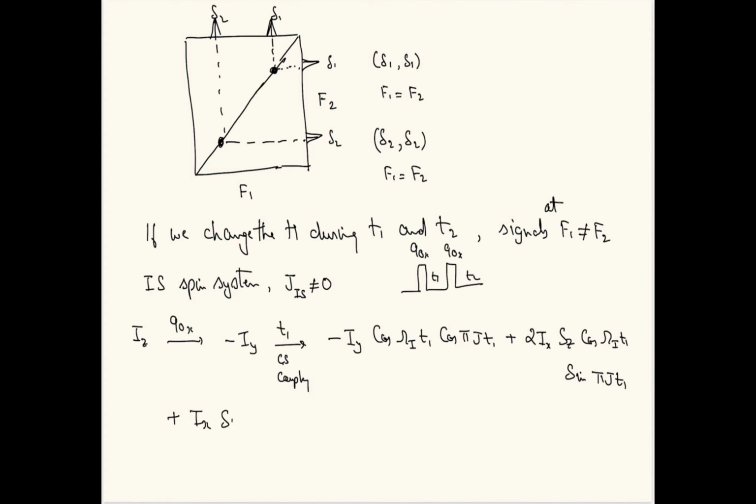Plus Ix sine omega I t1 cos pi J t1 plus 2IySz. Remember, now there is a coupling, so it is generating an antiphase magnetization. Sine omega I t1 sine pi J t1, right?